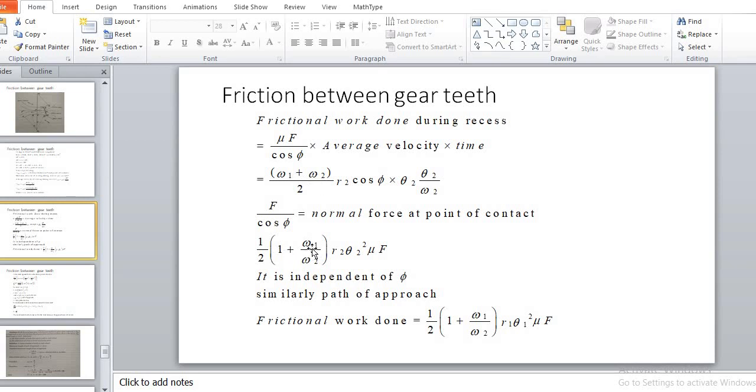So write 1 plus omega 1 by omega 2. The half remains as it is, and I forgot the mu F value and (R2 into theta 2) square.